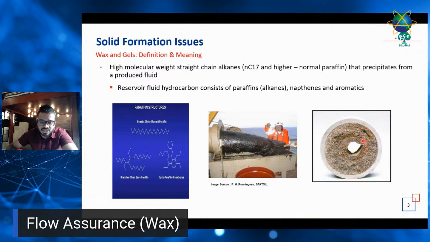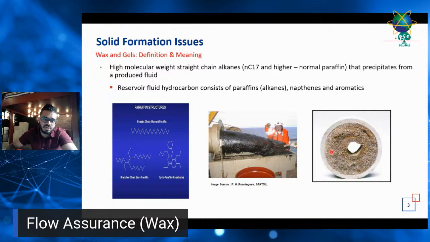And this is considered a hard wax, as it is a combination of wax and also scale at the same time. So it is impossible to pig this line due to the hard nature of the wax that is formed. The reason why this hard wax has formed is most probably that they did not pig frequently.